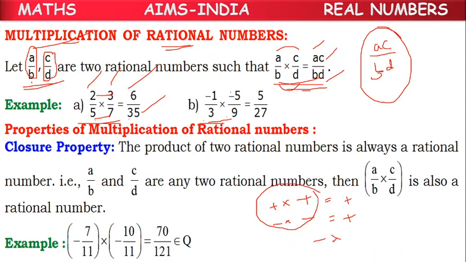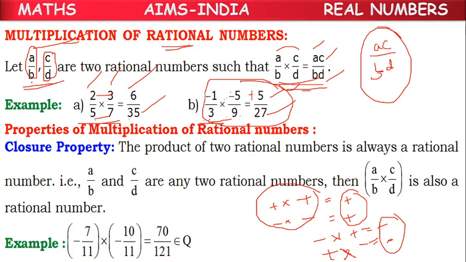If we multiply different signs, minus into plus, minus, or plus into minus, minus. The product of opposite signs equals minus. The product of the same signs equals plus. So here minus into minus, plus. 1 5 times 5, 3 9 times 27. Like that we can multiply rational numbers.